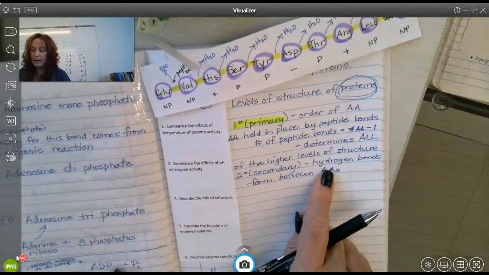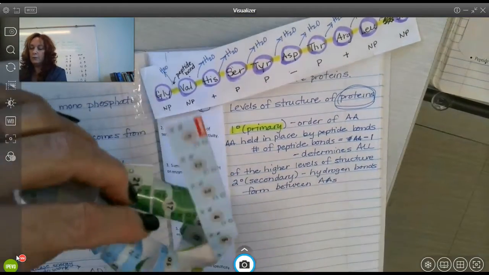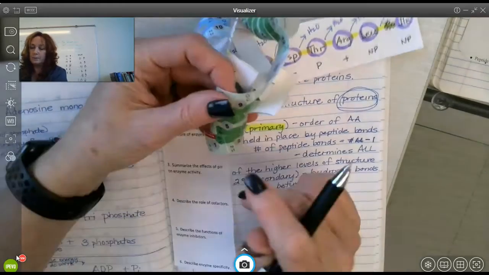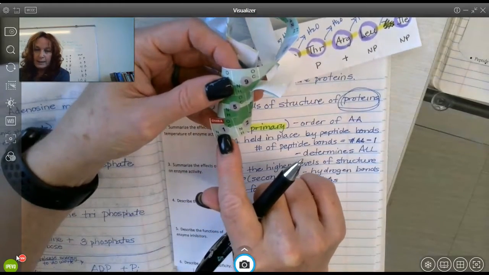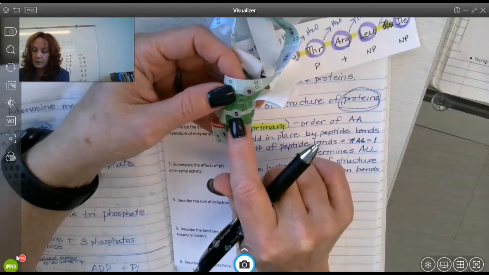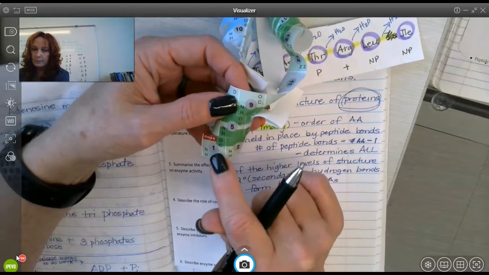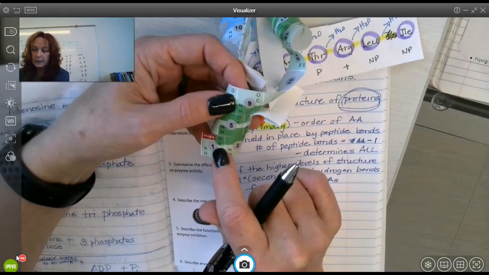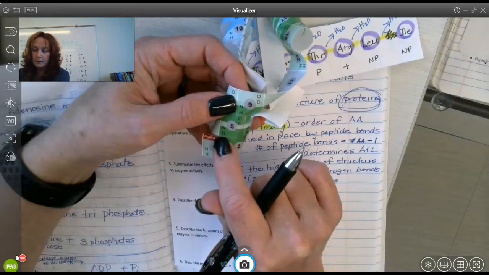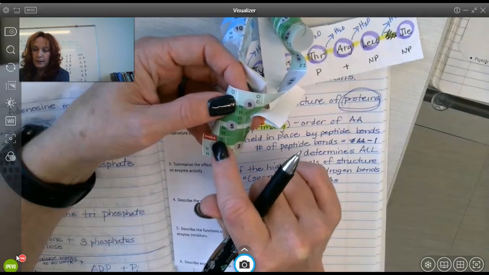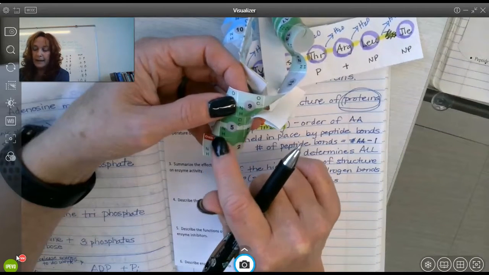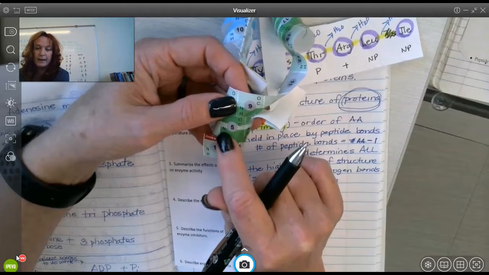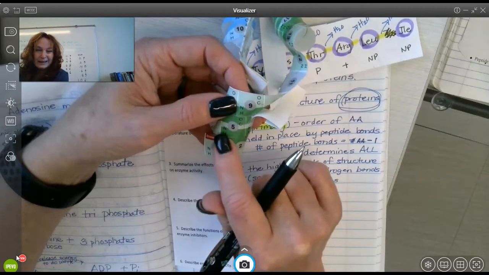So you're going to have hydrogen bonds that are going to form. So here's what we formed. Between amino acid 1 and 5, there's a hydrogen bond between the carboxyl end and the amine end of these two different amino acids. So they have this attraction and they have a hydrogen bond. That would be like the tape.